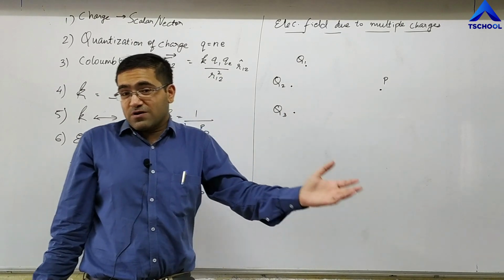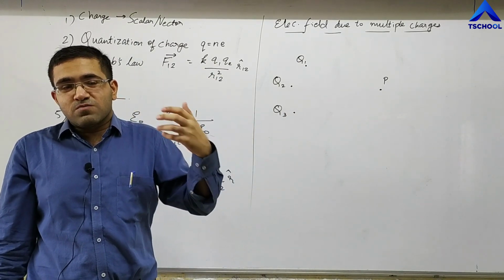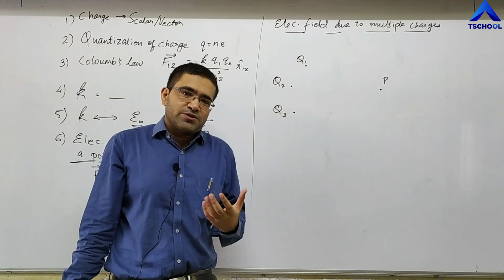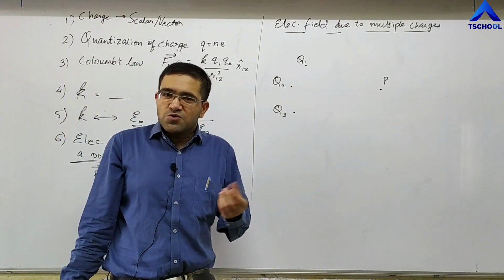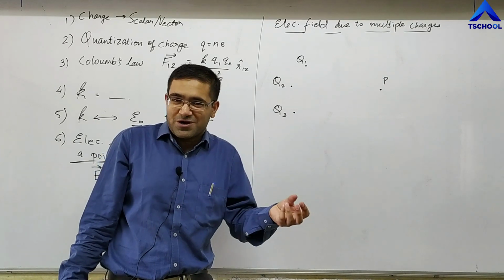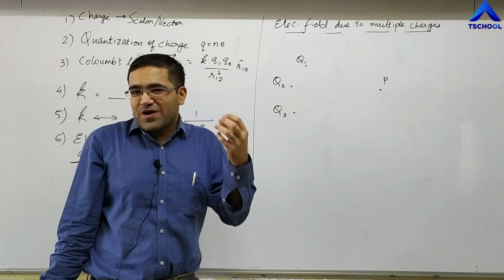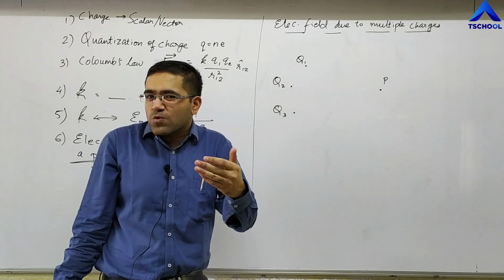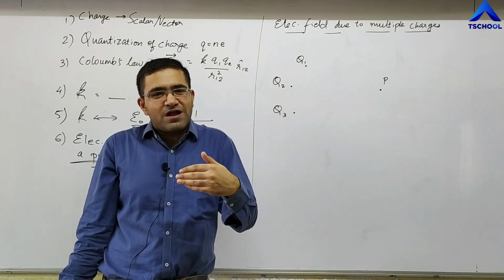Again, if you remember, what's the method to find out or to measure the electric field due to a charge? The method is you put a test charge, and then you find out the force acting on that test charge, and then you divide that force by the magnitude of that test charge.